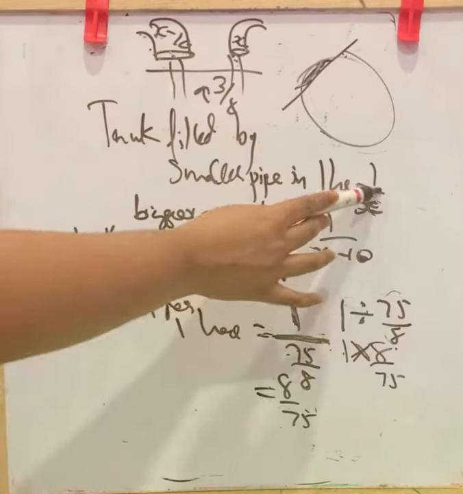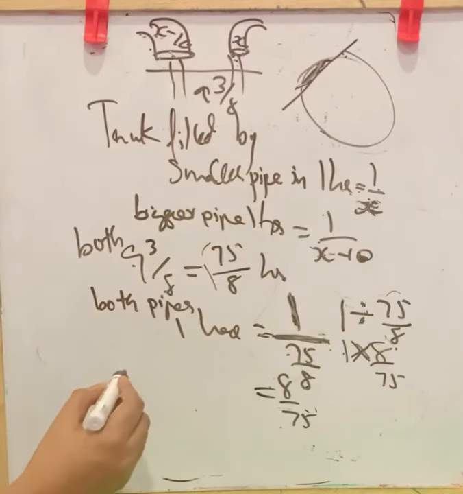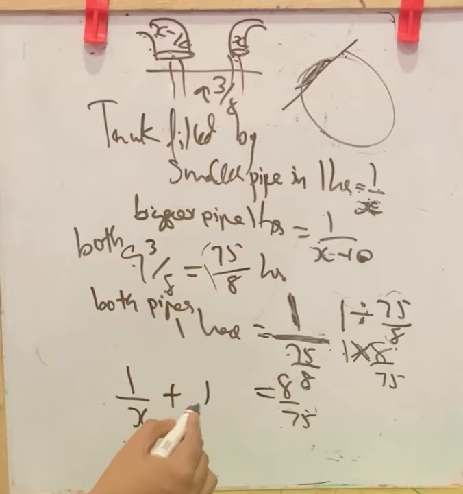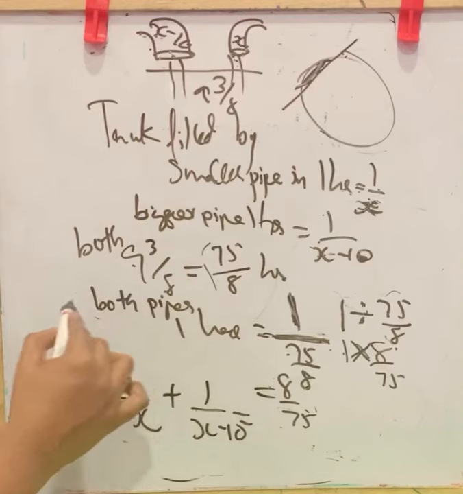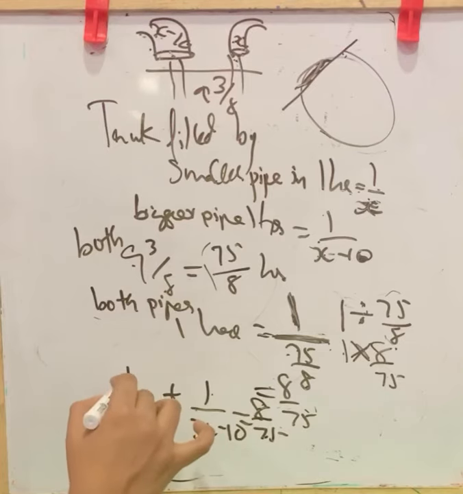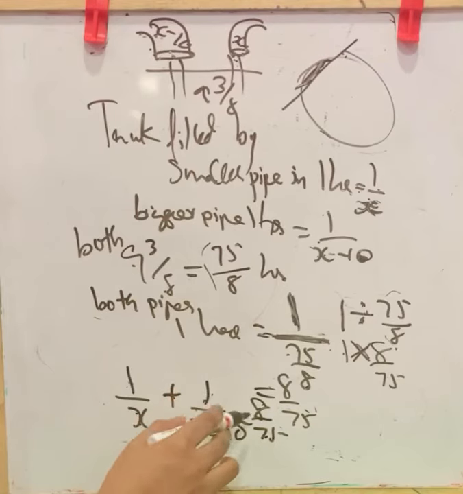We know separately opened values also. So we can say if both are opened, that is separately it is 1 by x, and along with that 1 by x minus 10, we will get the value with both pipes open, that is 8 by 75. These are all in 1 hour. Now this is tank filled by smaller pipe in 1 hour, tank filled by bigger pipe in 1 hour.